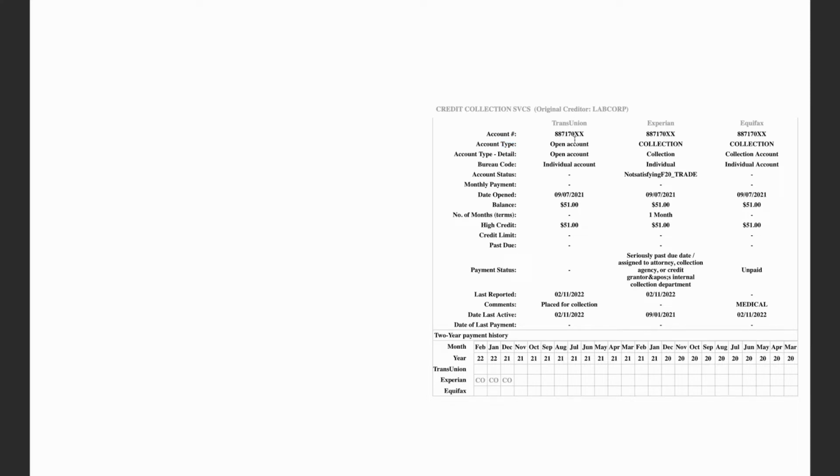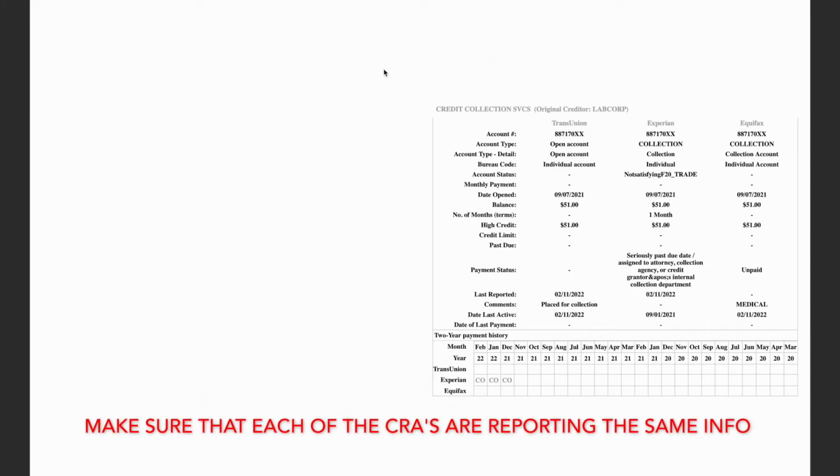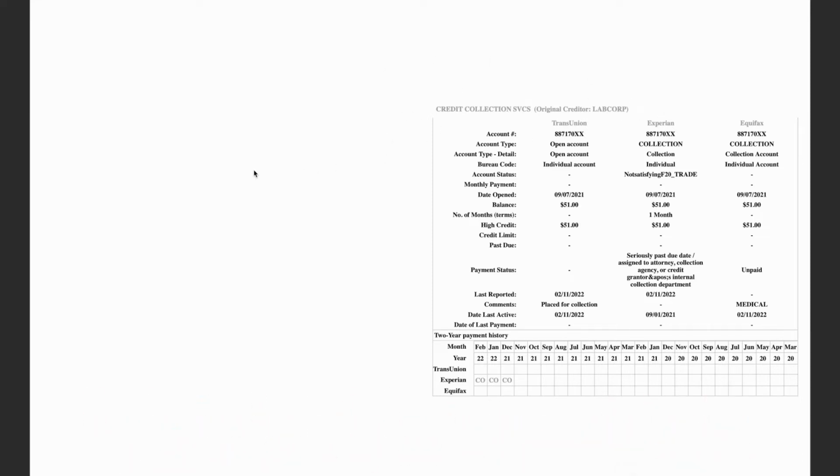So with TransUnion, the account type shows that it's not being reported in an accurate way. This account type is open, but collection accounts can't be open accounts. So what you would do is mark this account in red, and right beside it put your explanation of why you want to dispute it.